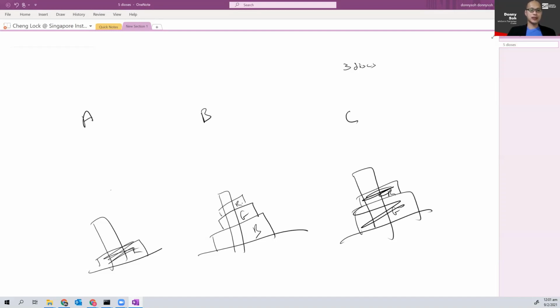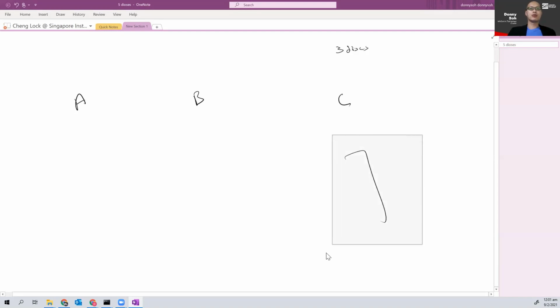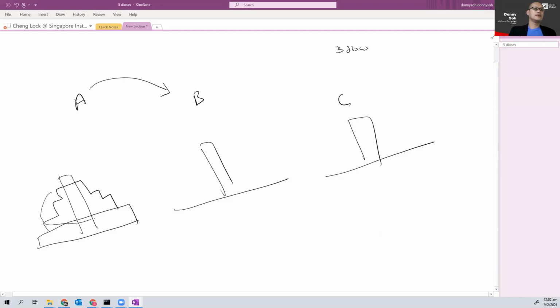In the question, it actually gives you a kind of hint on how we do this, and I'm going to tell you how to do it in a conceptual way. Conceptually, what the question is saying is, let's say I want to shift from A to B. I will consider everything on top here as one single unit.